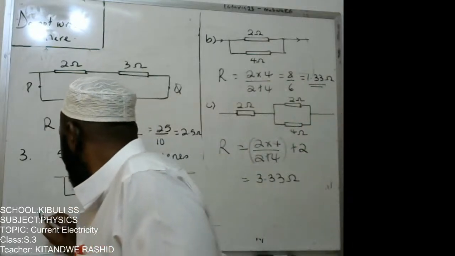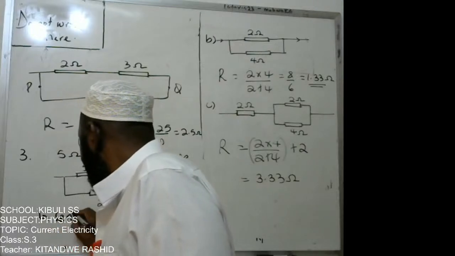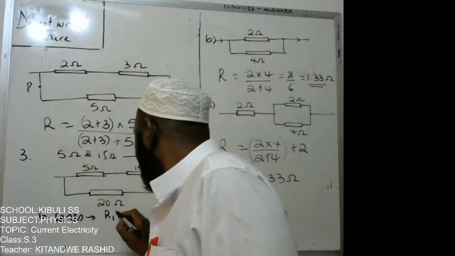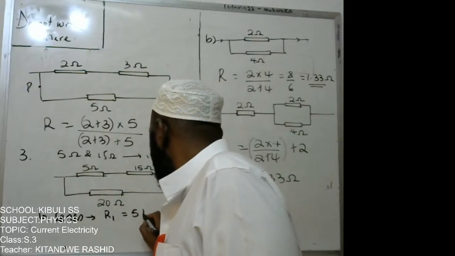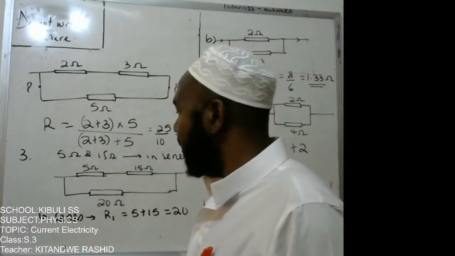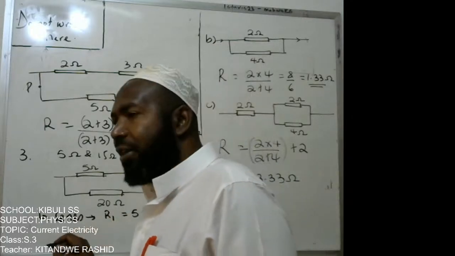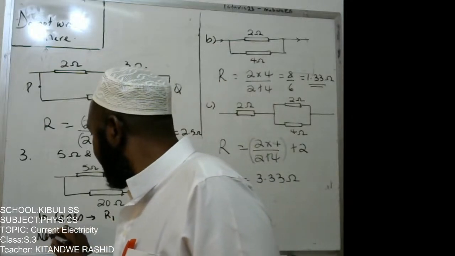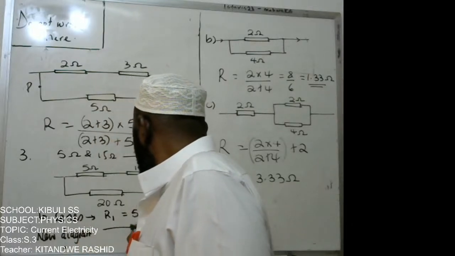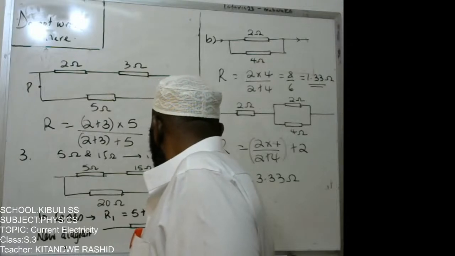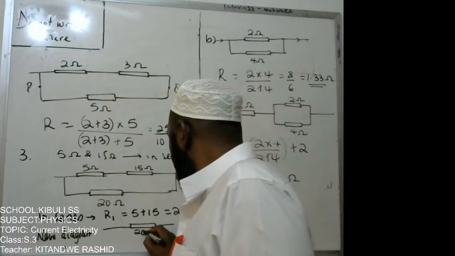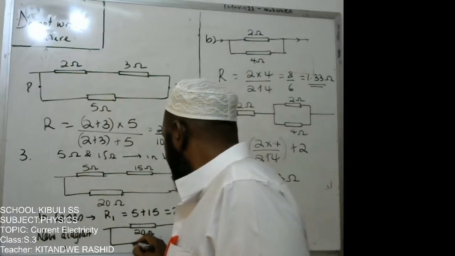In series, R1 is equal to 5 plus 15, giving 20. So, the new diagram is now going to be 20 over another 20.